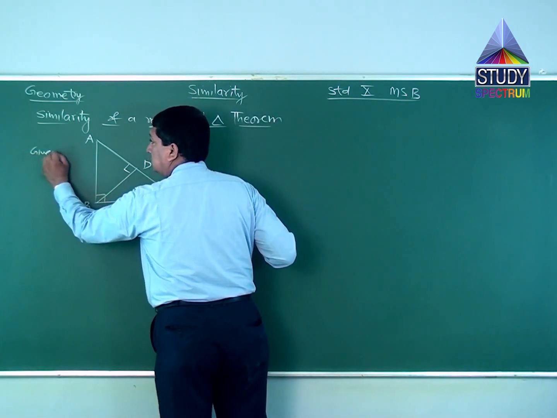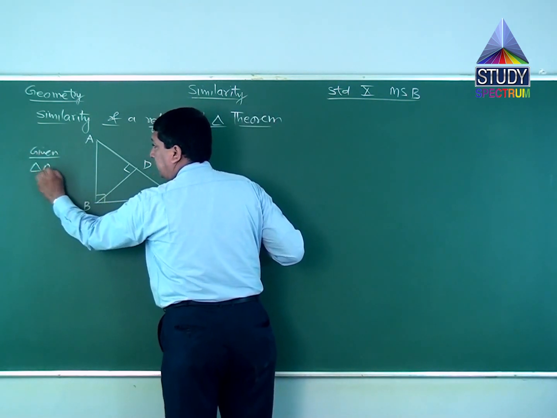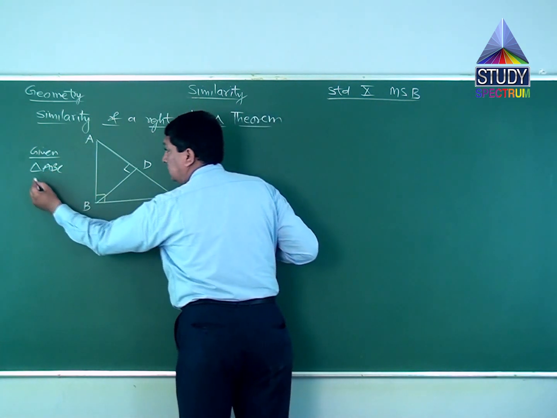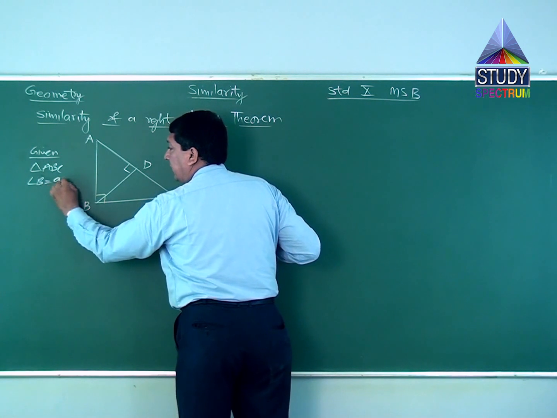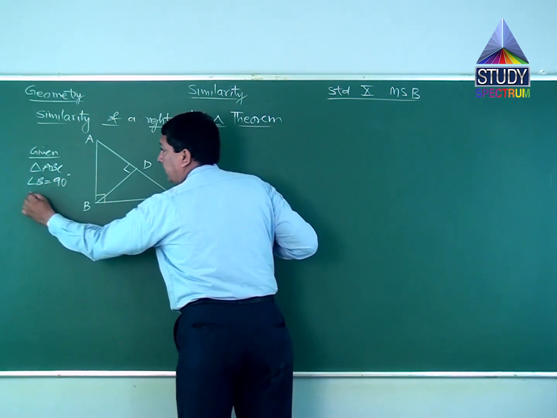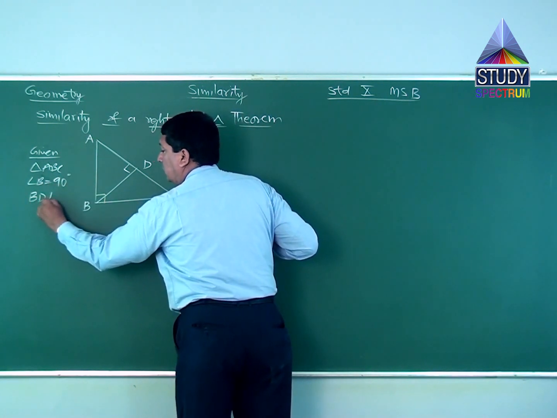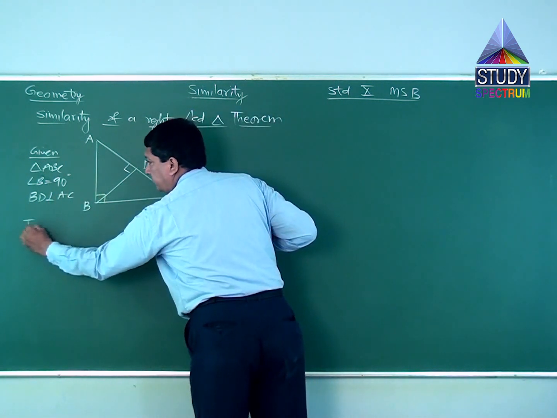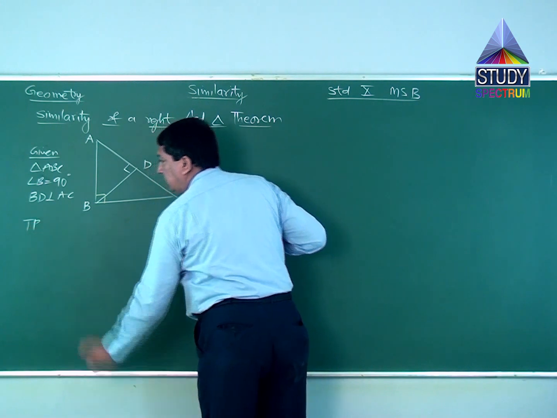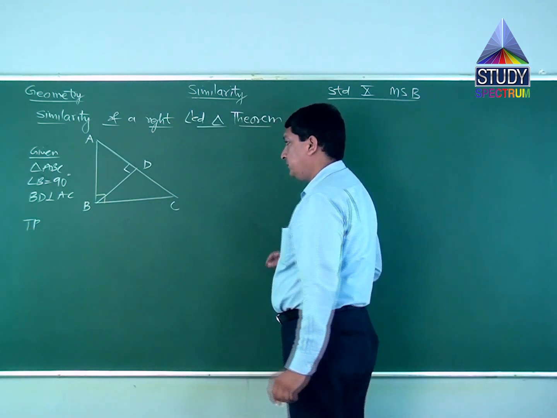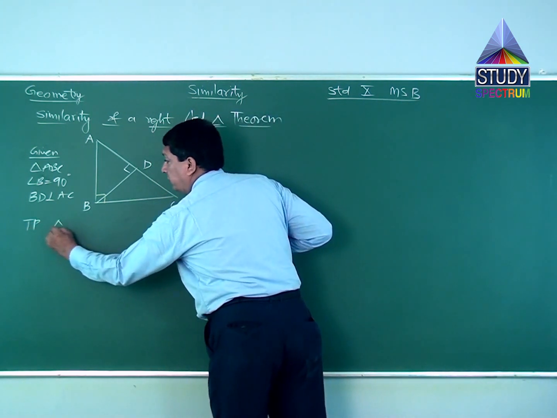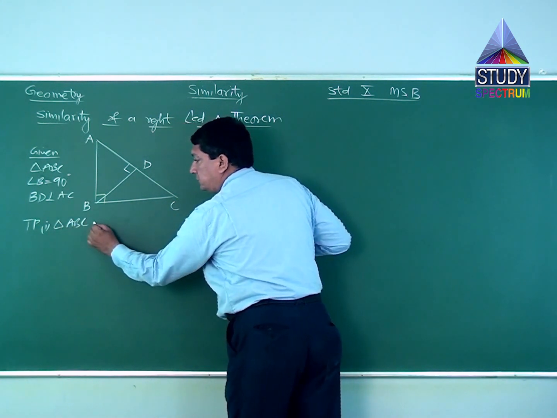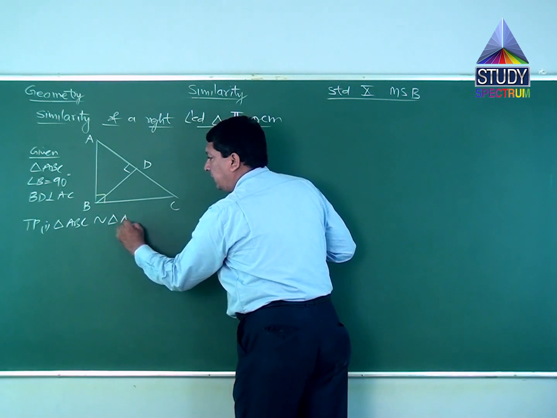Given to us: triangle ABC, all that is marked in the figure. Angle B is equal to 90 degrees. BD is perpendicular to AC. This is also given to us. To prove, as I said, triangles on either side of the perpendicular. First, triangle ABC similar to triangle ADB.